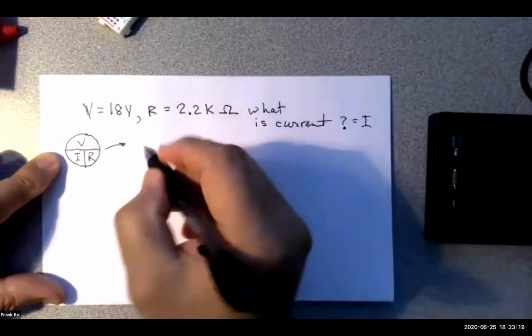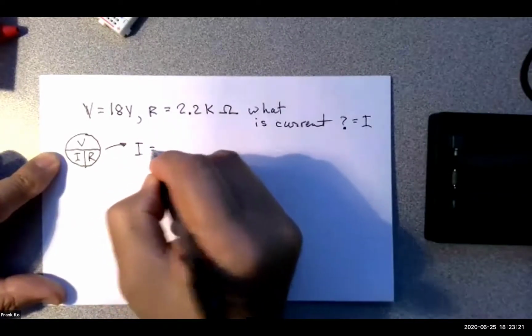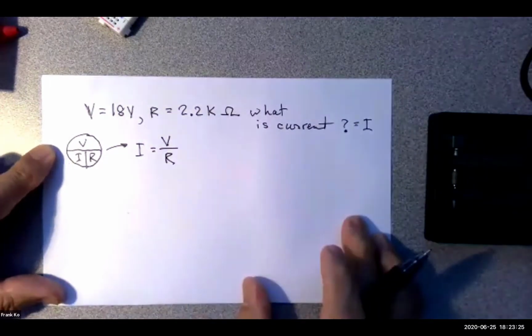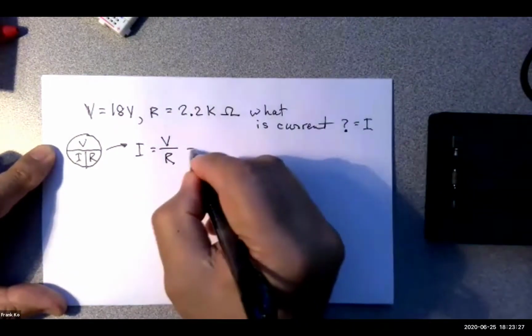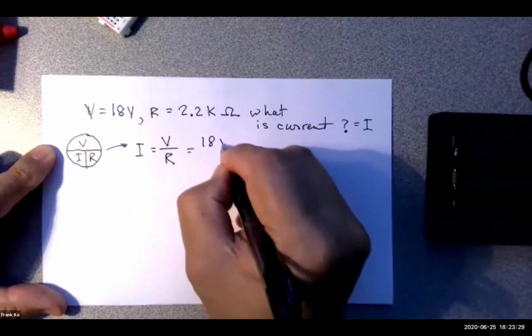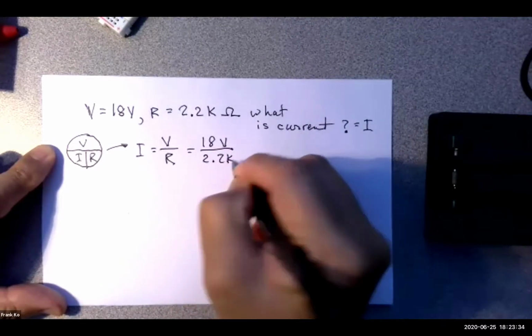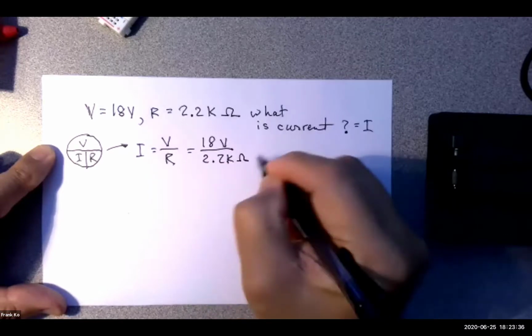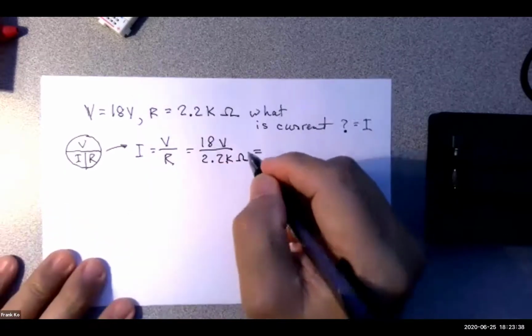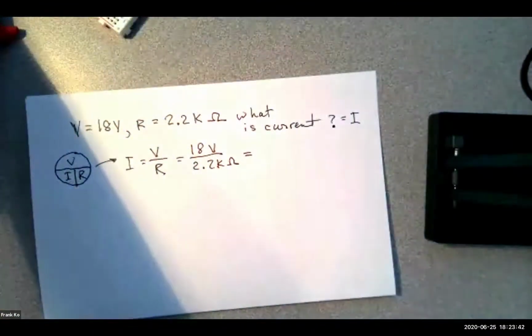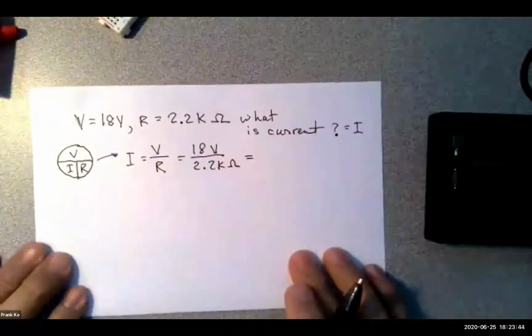So from here you should be able to derive I is equal to V over R. So far so good. Now we pop in 18 volts at the top, and we pop in 2.2 kilo ohms on the bottom.